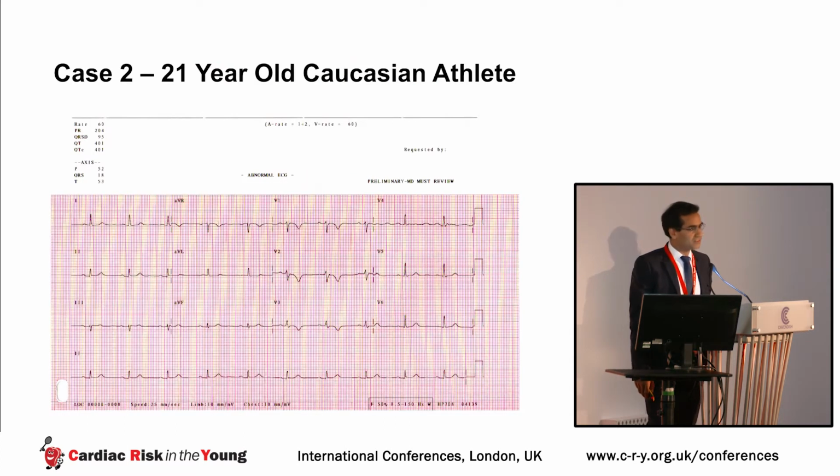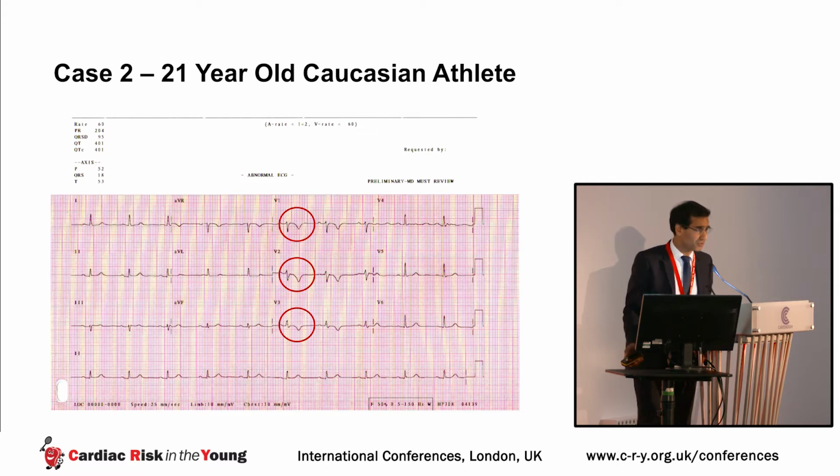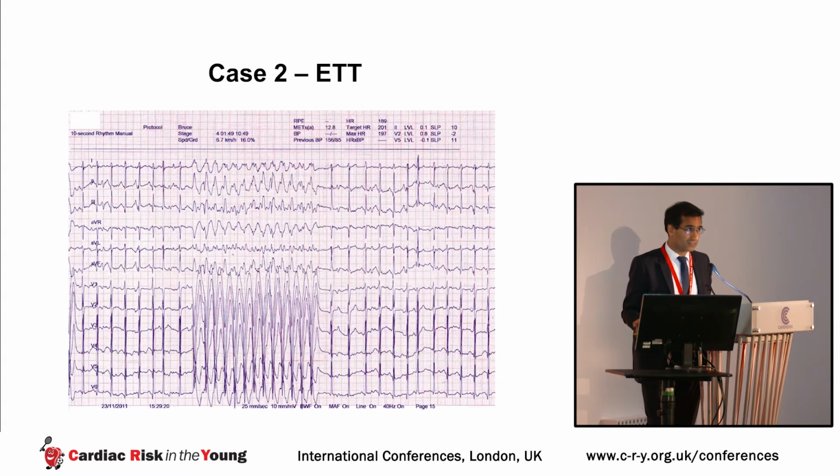This is an ECG from a 21-year-old Caucasian athlete, and note he exhibits T-wave inversion in V1 to V3 this time. Now, this individual was complaining of pre-syncope and palpitation during exercise, so we put him on the treadmill, and this is what happened. He developed quite a nasty broad complex tachycardia, very suggestive of non-sustained VT.